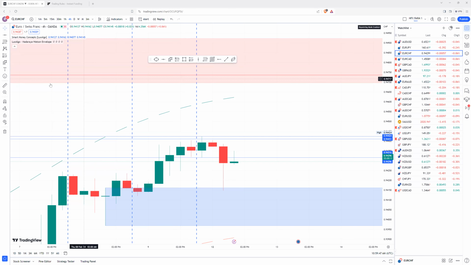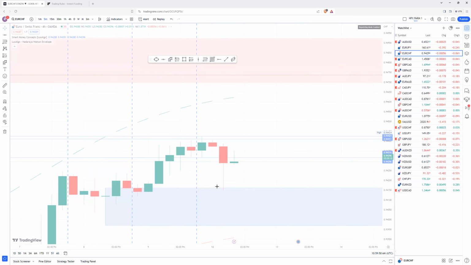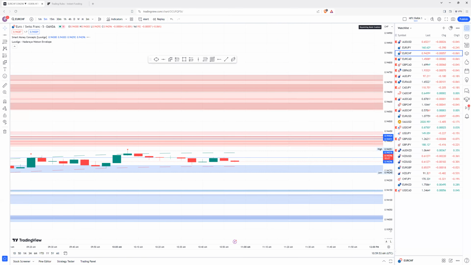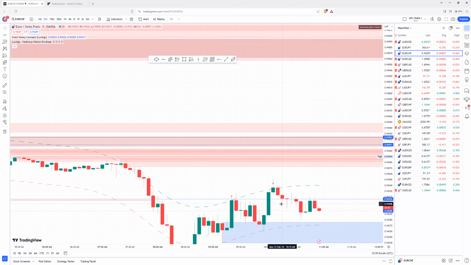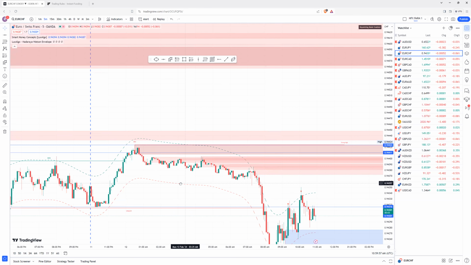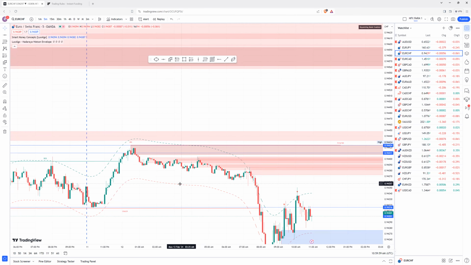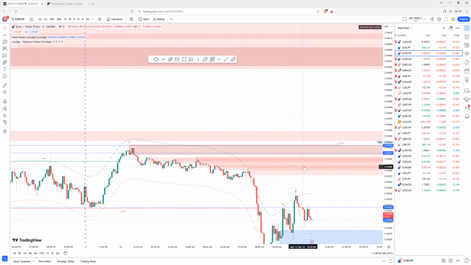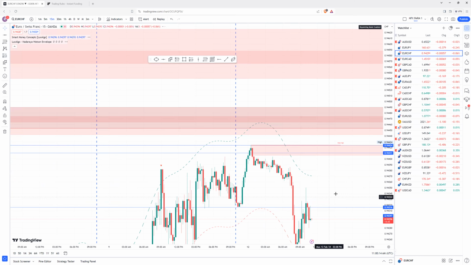How do you know the best order block? You don't know the best order block. If you know what an order block is, you try, because it might also get to these areas and start pulling down. But let me give you an example of how to identify some good order blocks.